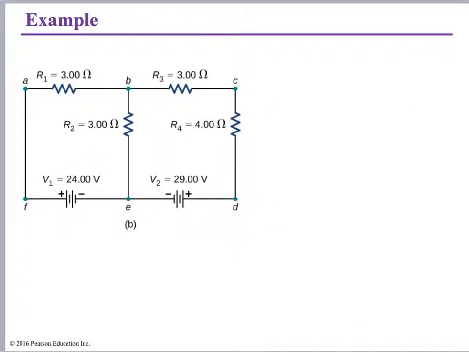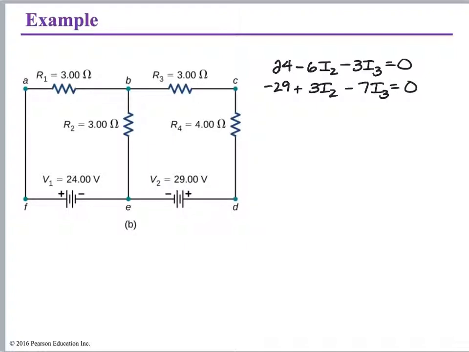So I had 24 minus 6I2 minus 3I3. That was one equation. And the other one was minus 29 plus 3I2 minus 7I3.